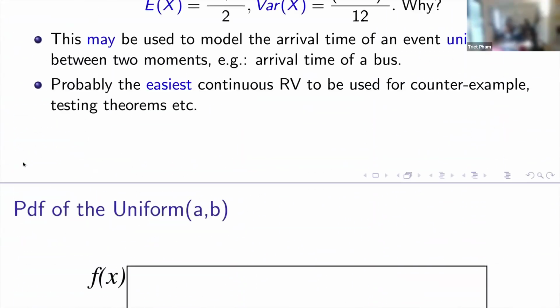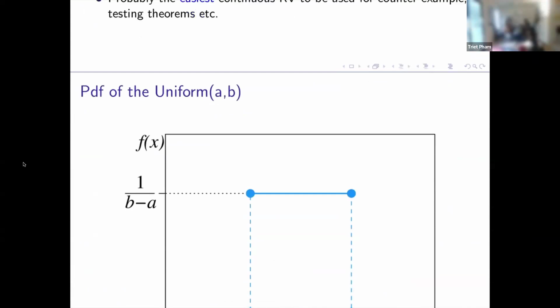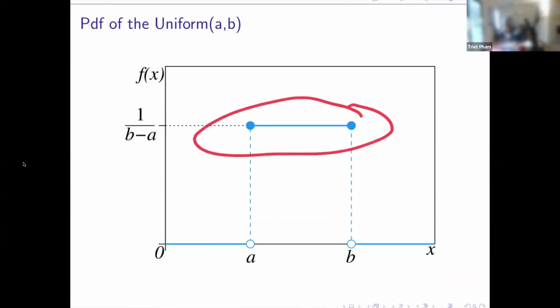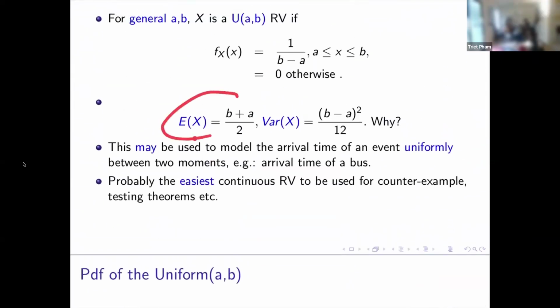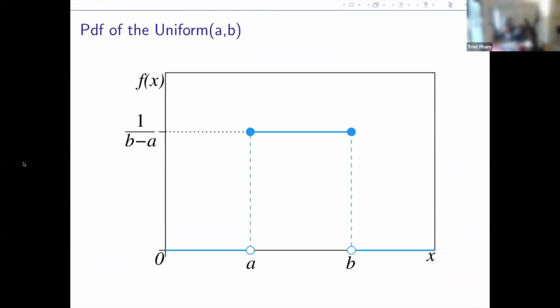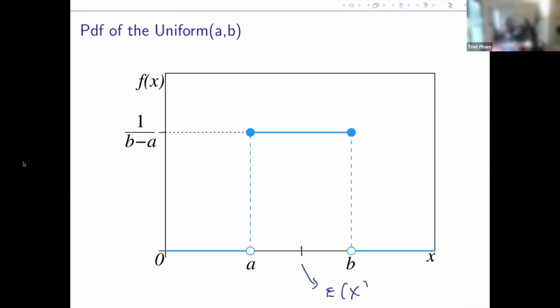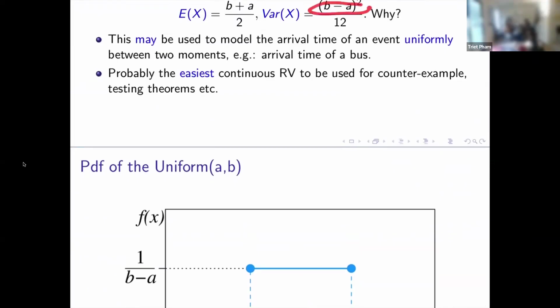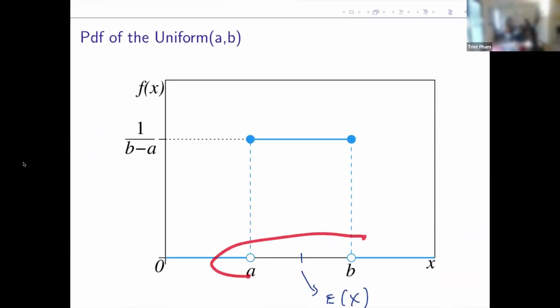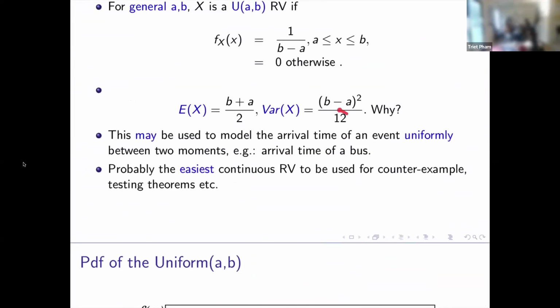The uniform, true to the name, has constant density over its support, and the expectation is right in between. The variance represents the spread, how far it is, divided by 12.